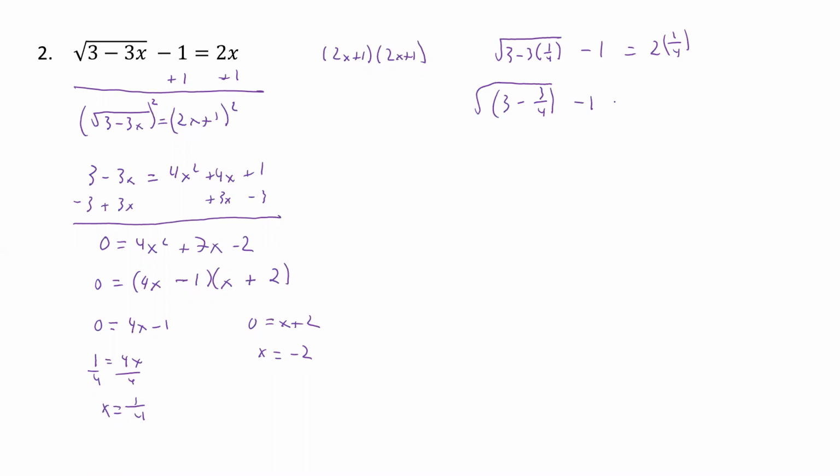And then we have minus 1 equals, here 2 times that's just going to be 1/2. All right, so getting a common denominator, we'll have 12 minus 3, so that's going to be 9/4. So we have the square root of 9/4, minus 1 equals 1/2. Well, the square root of 9 is 3. The square root of 4 is 2.